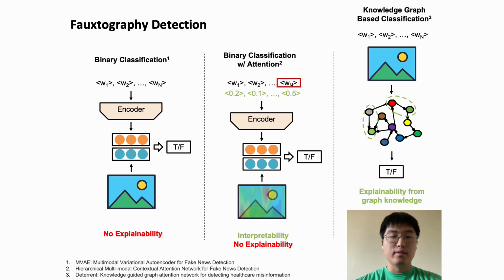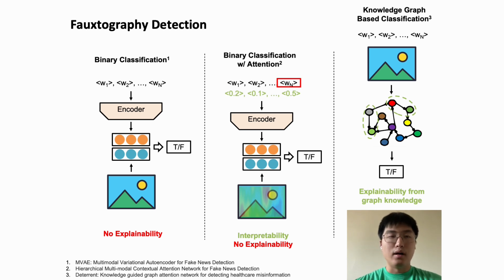The second one is binary classification with attention. Attention can help the model retrieve the most important or relevant words or image regions from the multimodal posts. It can help researchers know why the models make such a decision.